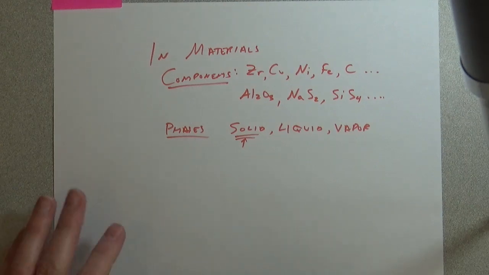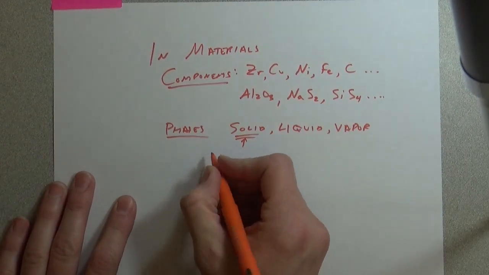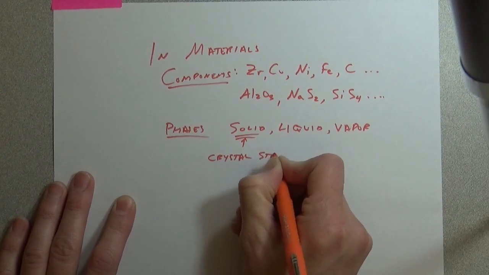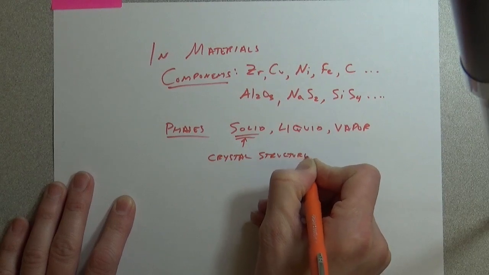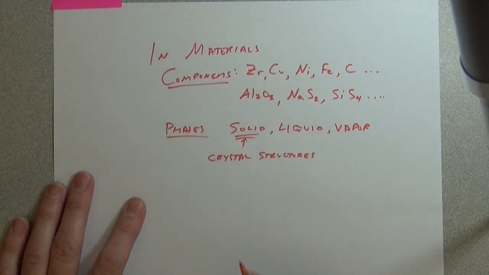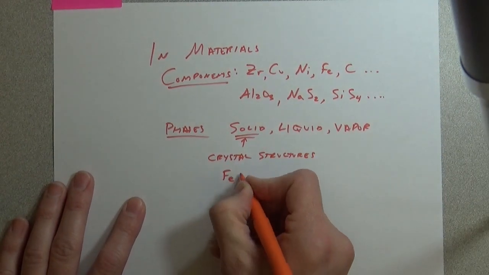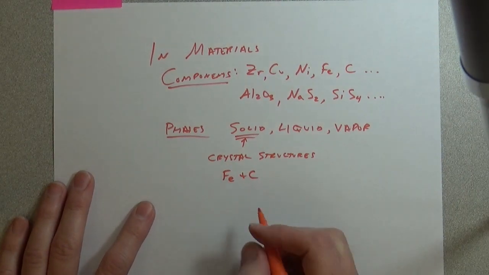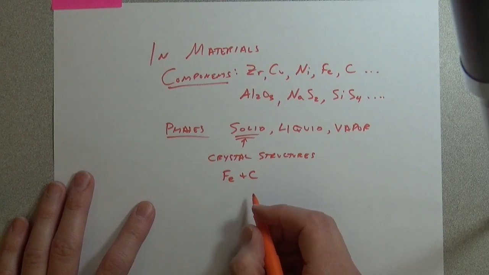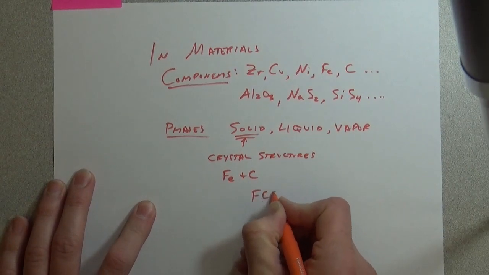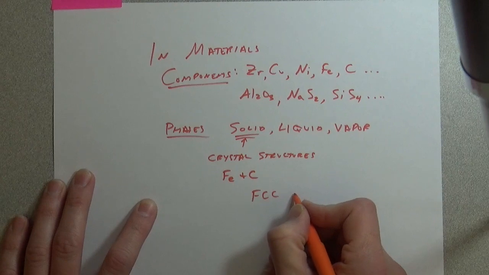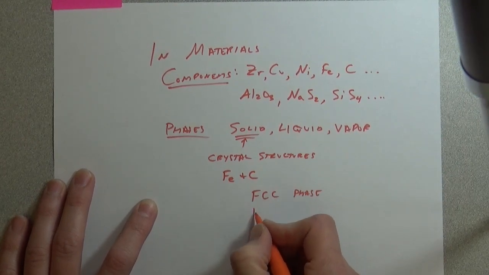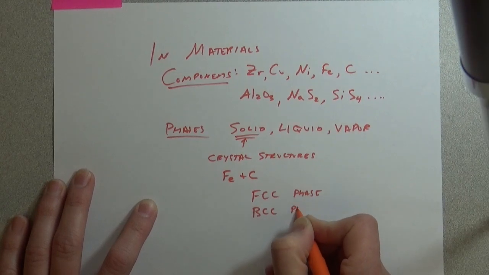You can have different crystal structures. So for example, iron and carbon, they make a solid solution, and they can take an FCC crystal structure. So we have an FCC phase, or we can have a BCC phase.